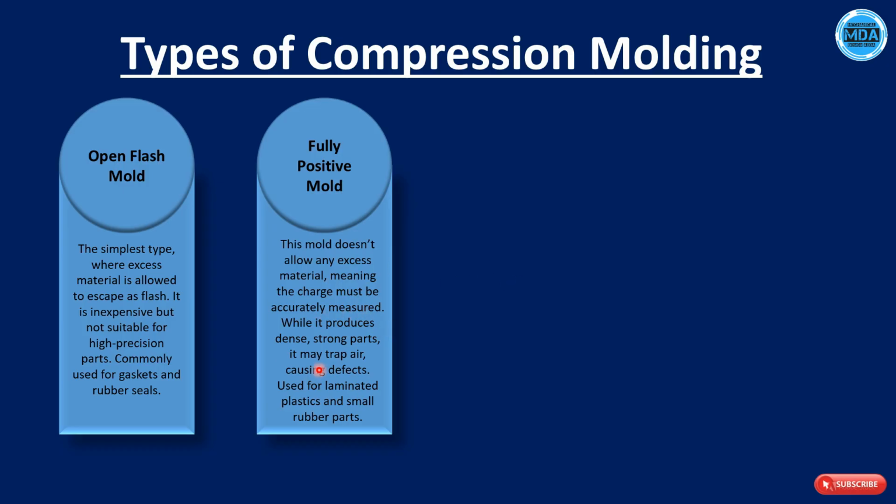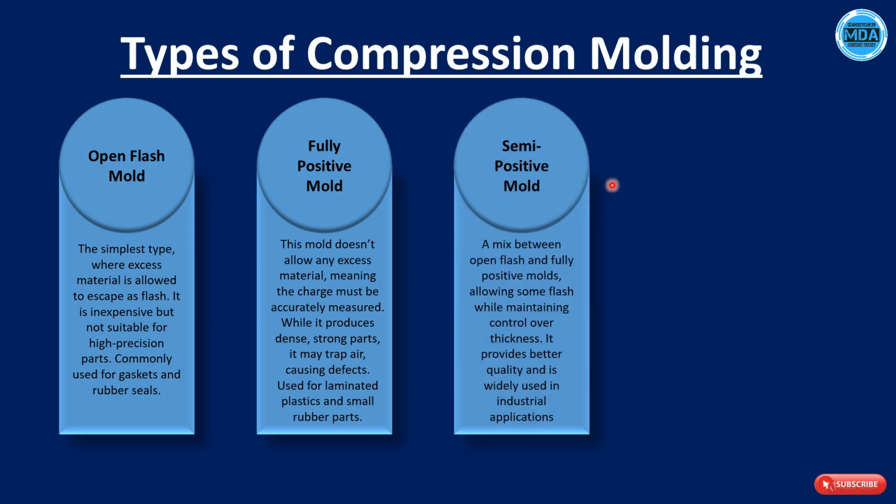It will produce a strong, dense product, but there is a chance that air gets trapped, as we are not allowing the material to escape. Because of that some defects may occur. This one is used for laminated plastic and small rubber parts.